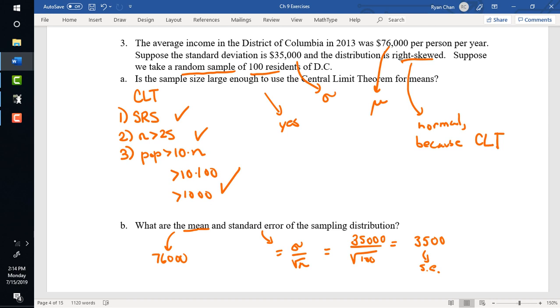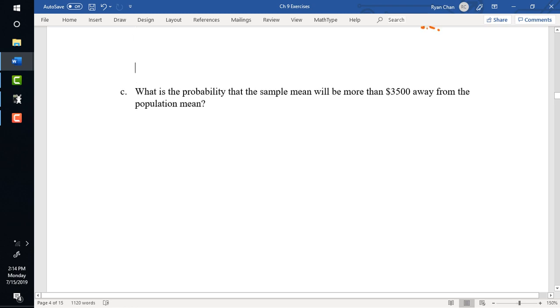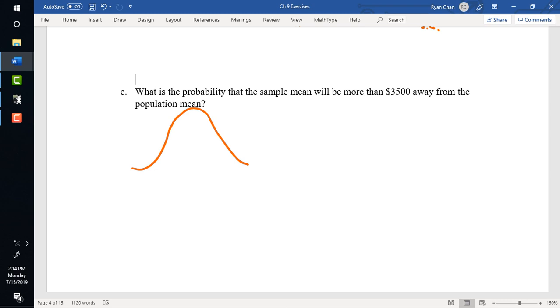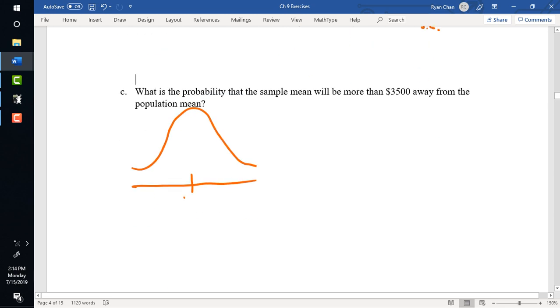Okay, so let's look at this last part C. It says, what is the probability that the sample mean will be more than 3,500 away from the population mean? Remember, because of central limit theorem, we normalize our curve. Let me sketch this right here. In the center is going to be 76,000, and I'm going up and down by 3,500.